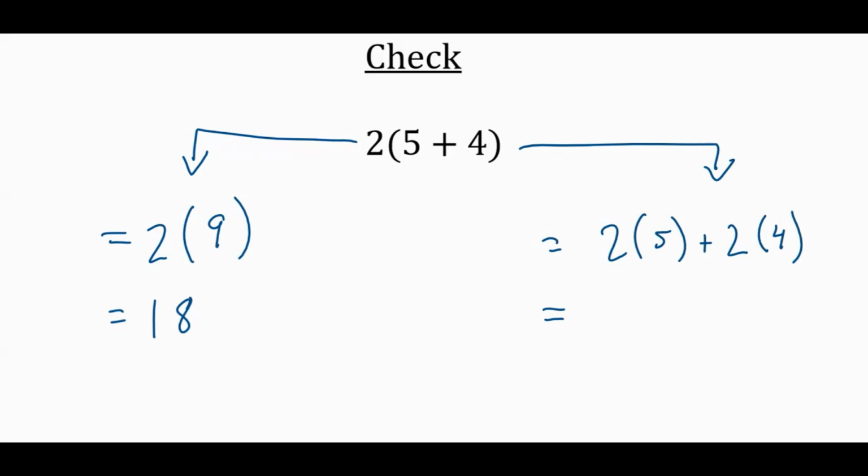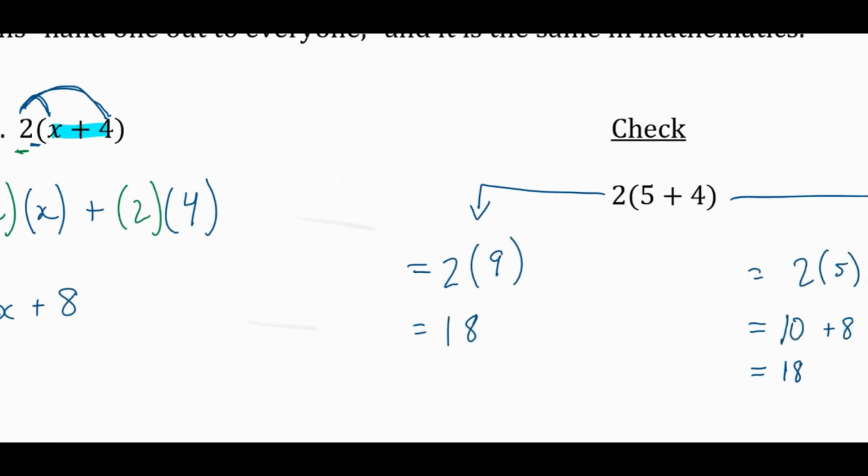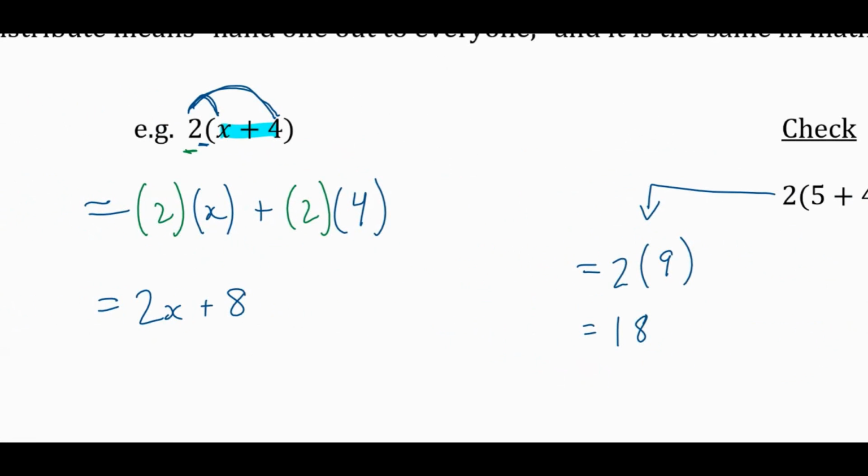Coincidence? No. This is not a proof, but I think it's satisfying to show us that distributive property doesn't change the expression. It doesn't change the thing that you're looking at. In other words, 2 times (x plus 4) is the same as 2x plus 8.